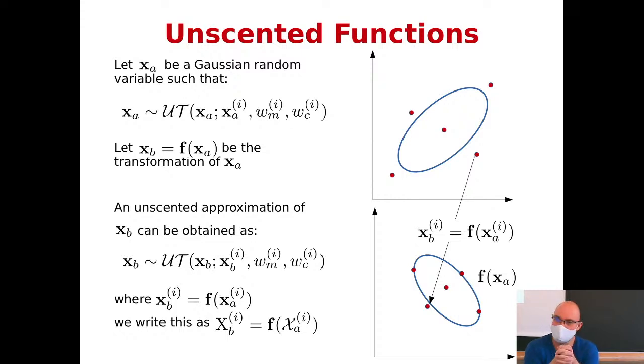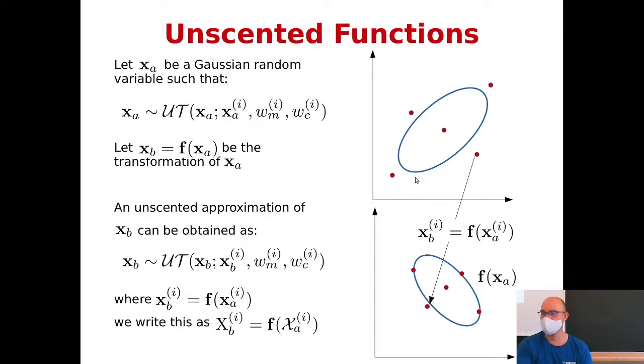If I am in a Gaussian world, I stay in a Gaussian world. Well, the straightforward operation on how to determine the shape of this distribution, consider that you have a set of samples, right? You take each individual sample and you apply to this sample the function, and you see where it ends up. You do it for another sample and you see where it ends up, and so on and so forth, for each of these samples.